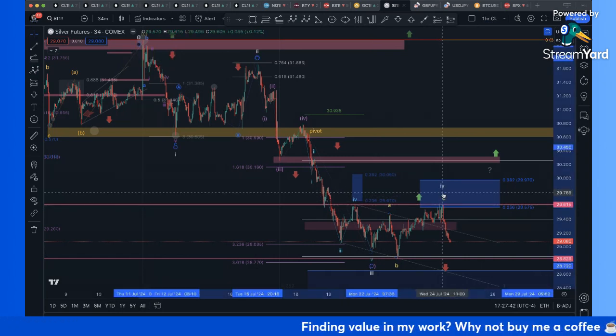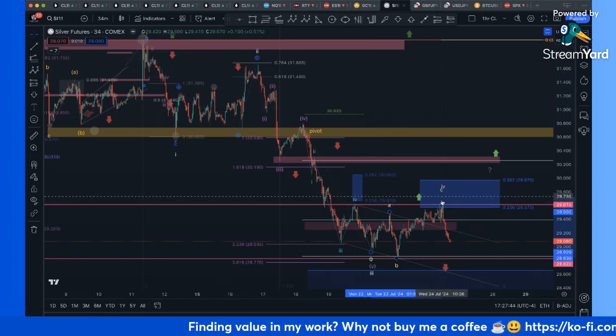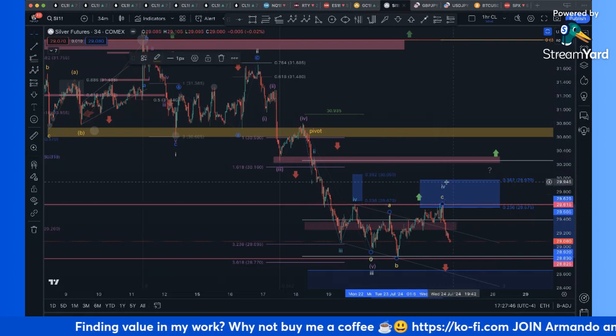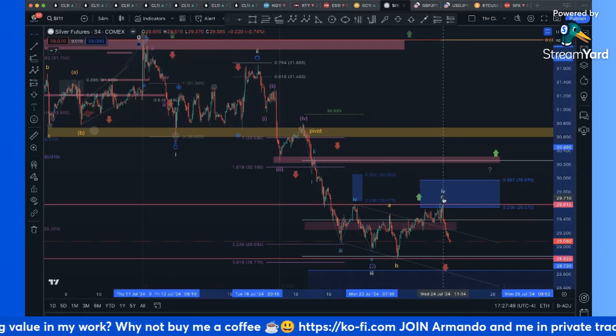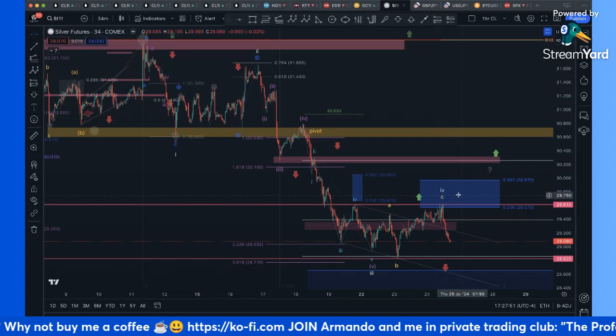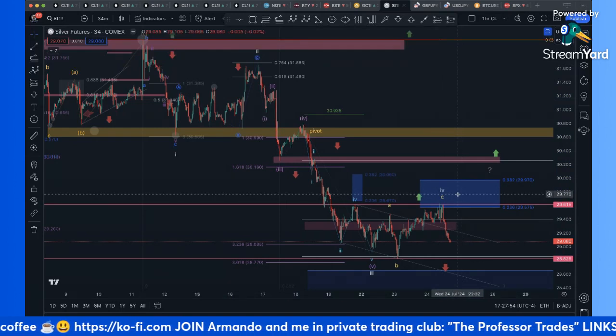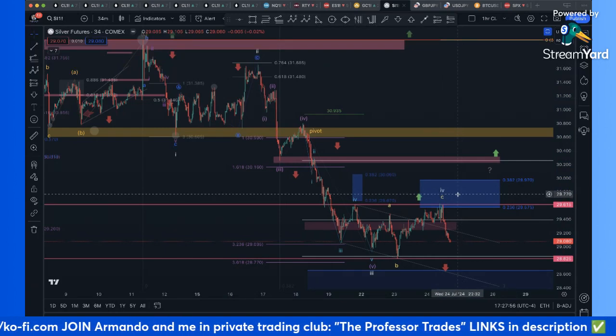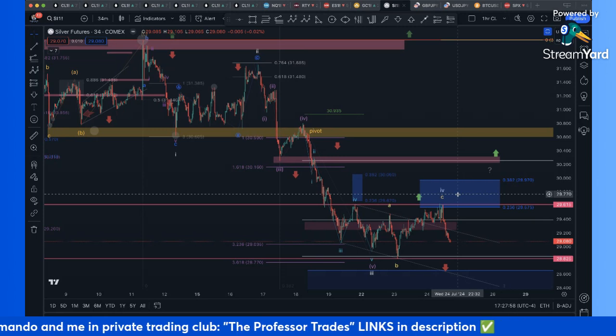Now, of course, price could come back up and still be in a wave 4. But given the reaction we had from that level, I'm okay with two things. One, shorting, and two, calling this the top of wave 4. And I'm willing to be wrong, because it's not up to me, it's up to price. I'm tracking things based on price.